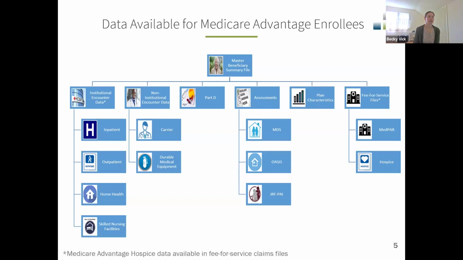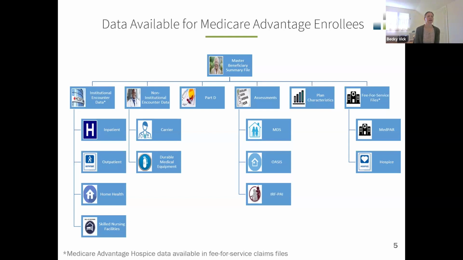There's a file called the MedPAR file, if you're familiar with it, that contains inpatient and skilled nursing facility data. That includes stays for Medicare Advantage members as well as fee-for-service. However, the records in the MedPAR for MA are not comprehensive, and they do lack some of the detail that fee-for-service stays contain.